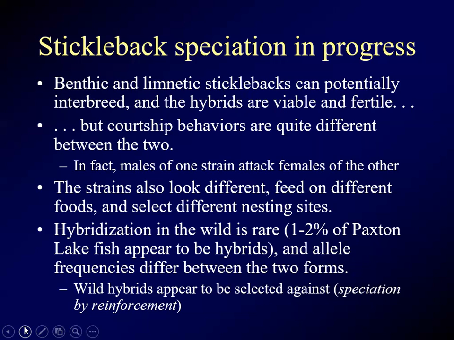There's nothing physically blocking a limnetic to go down and hang with the benthics or vice versa. And yet we're getting these populations different and probably getting increasingly different from each other. So this seems to be another case where sympatric speciation has been caught in the act.